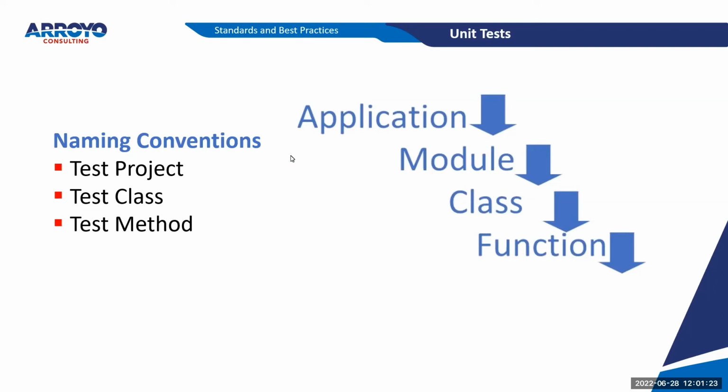We have to understand that we have an application, inside we have modules, inside we have classes, inside we have functions or methods. So when we start to create the unit tests, we have to keep this in mind to allow creating best standards or using the same conventions for all members in the teams.